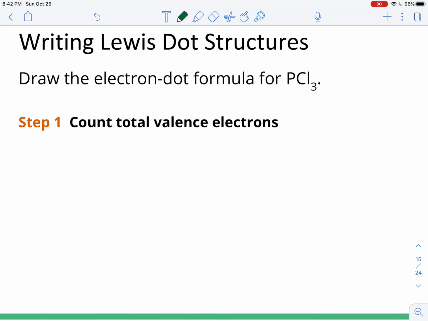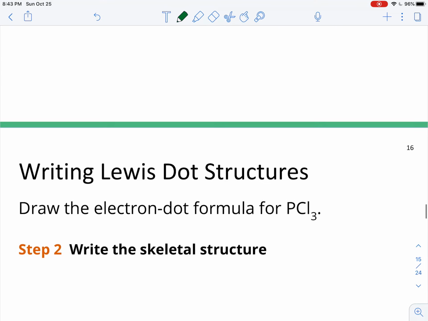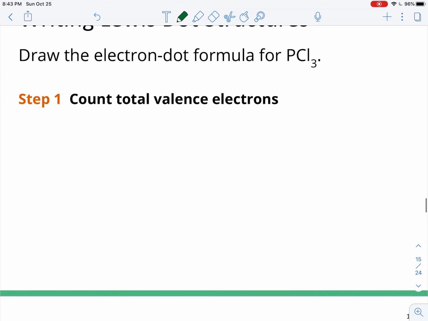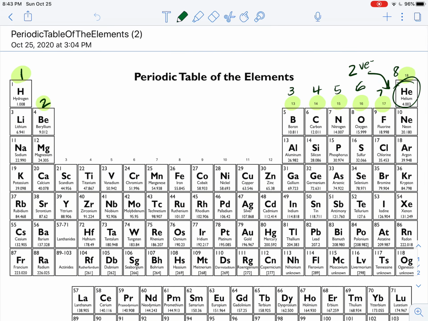All right, so we're going to draw the electron dot formula for PCl3. So the first thing we need to do is count our total number of valence electrons. All right, so I should do that up here. So phosphorus and then chlorine. So phosphorus, I'm going to take a look at where it is in the periodic table. All right, it's right here.